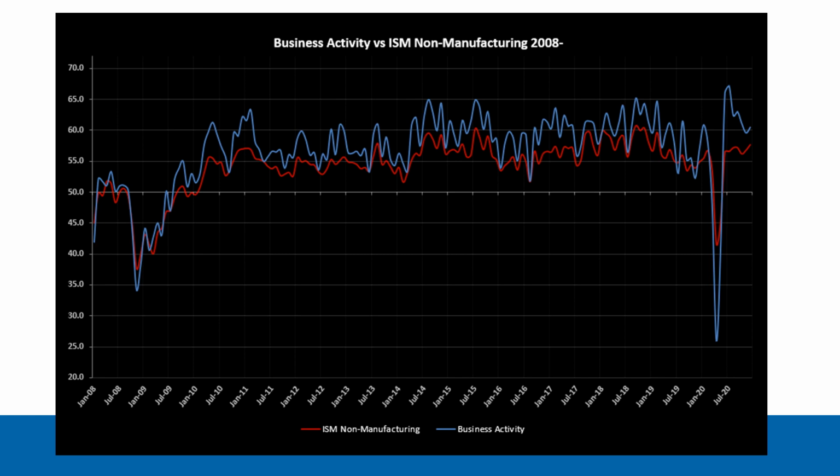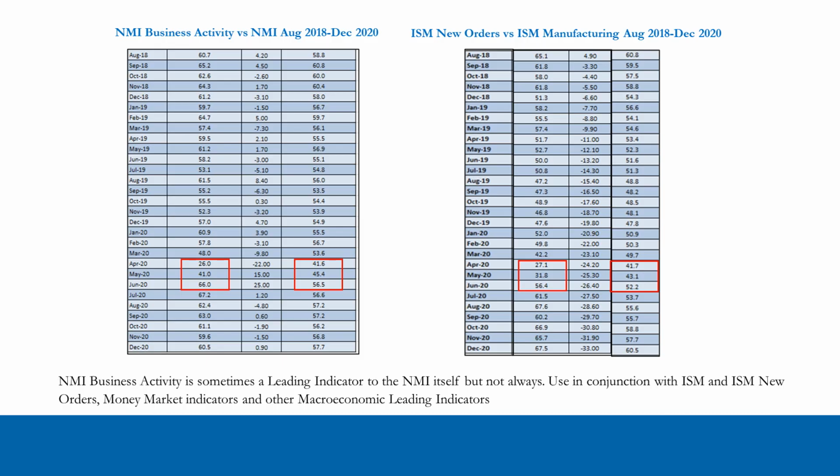Now, what you can also do in your spreadsheets is look at business activity versus the NMI next to each other in terms of the data itself, not just on a chart. And you can make comparisons and look at periods of stock market history to understand what was really going on. You can also do this for the ISM manufacturing.